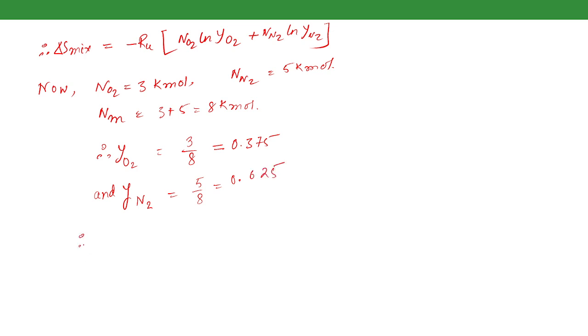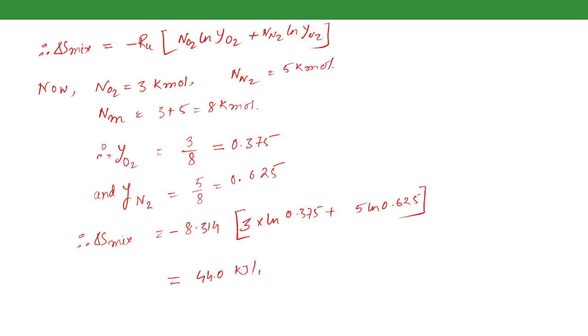Therefore, delta S mixture is minus 8.314, in kilojoule per kilomole Kelvin, multiplied by the number of moles in kilomole, so it will ultimately come in kilojoule per Kelvin. So 3 multiplied by ln of 0.375 plus 5 ln of 0.625. This comes out to be 44.0 kilojoule per Kelvin. So the entropy change of the mixture due to the mixing process is 44.0 kilojoule per Kelvin.